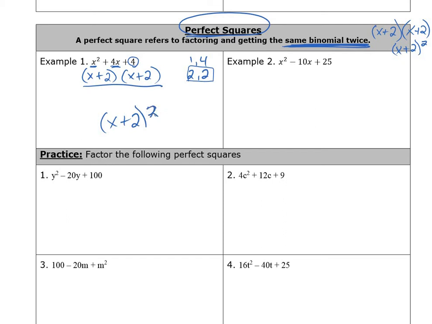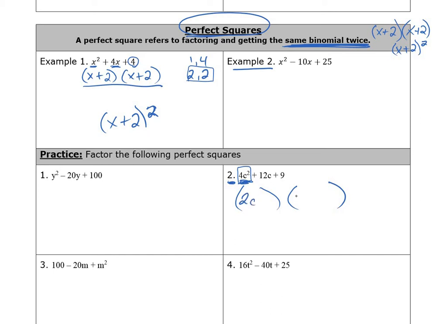Alright, for example 2, I'm actually going to substitute it with number 2. So you can do example 2 on your own, but we're going to work through example 2, number 2 right here. When we're doing our factoring and you know it's a perfect square, you are more than welcome to say what would give us 4c squared.